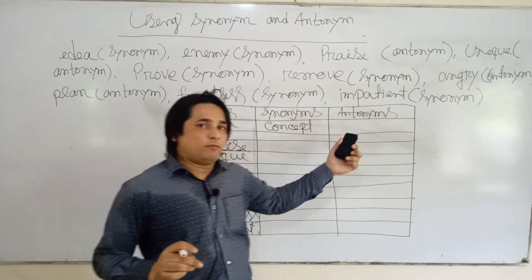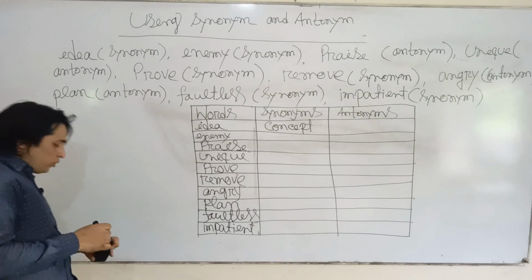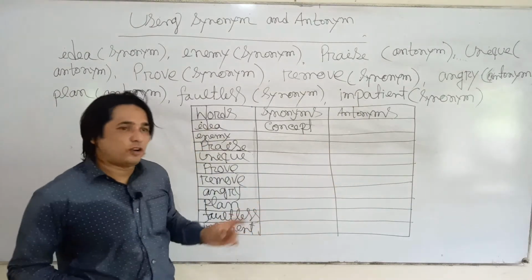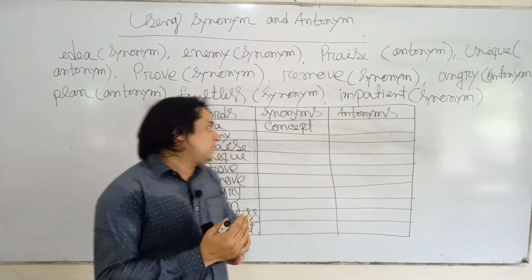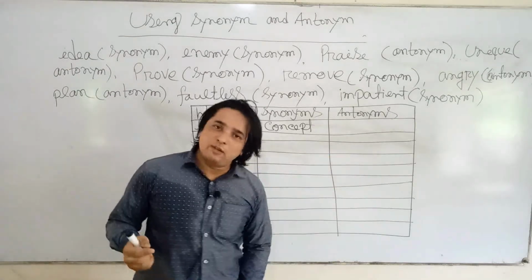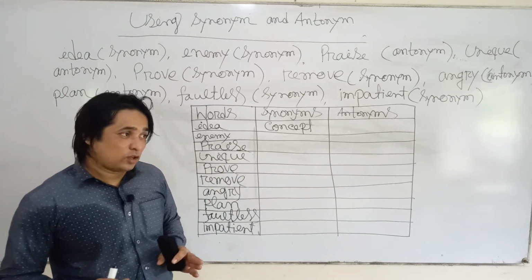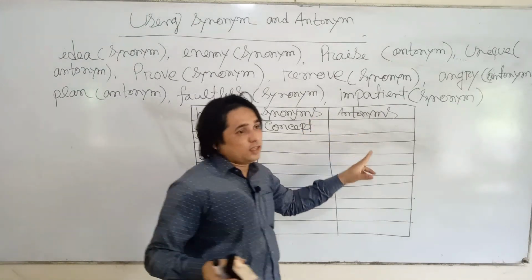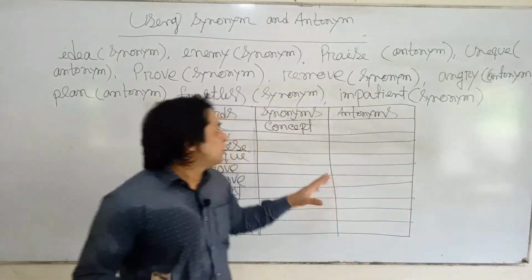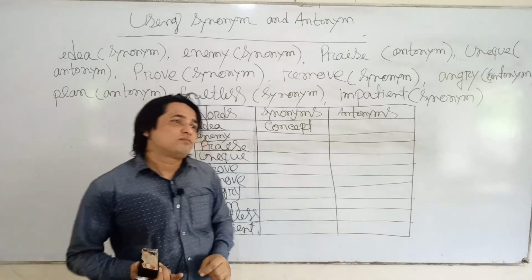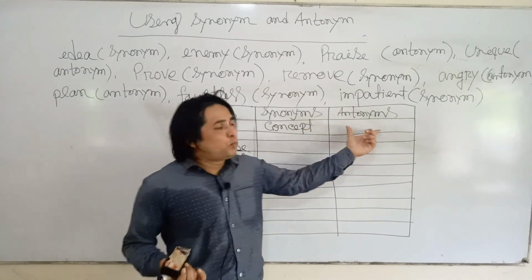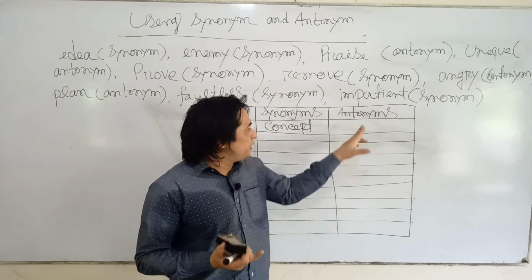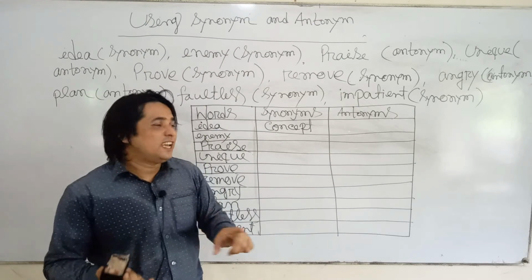Actually, whenever a row or column remains blank, or you don't write anything here, you must leave it blank. If you don't want to leave it blank, just put a dash. Either you keep it blank or put a dash.